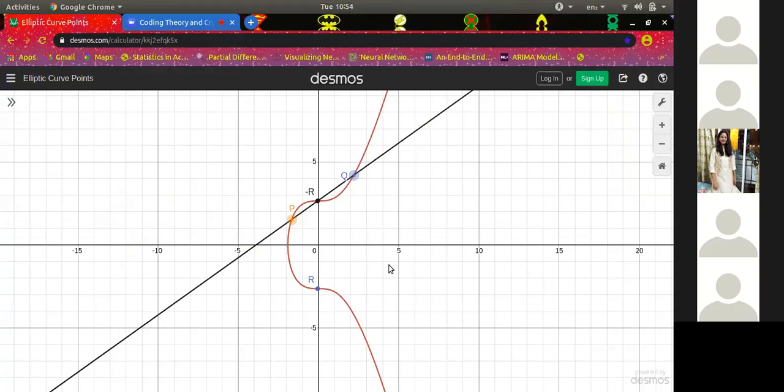P is very large, and the advantage of elliptic curves is that the key is very small. We can choose a very small key compared to RSA and other systems. We can create a public key cryptosystem by using the Diffie-Hellman approach. Sorry, the correct way to say it is that we are using the discrete logarithm problem.